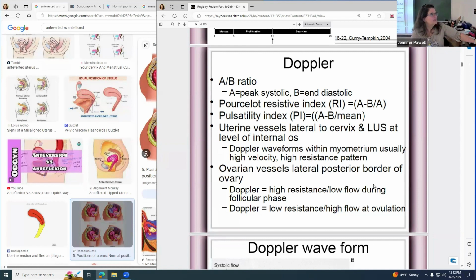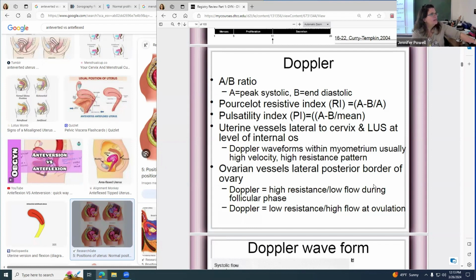Your pulsatility index is your peak systolic minus your end diastolic divided by the mean. The uterine vessels lateral to the cervix and lower uterine segment at the level of the internal os. If you were to Doppler those, your Doppler waveforms within the myometrium are usually high velocity, high resistance pattern.